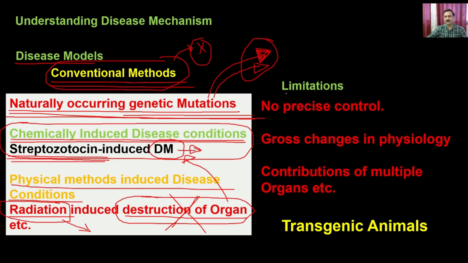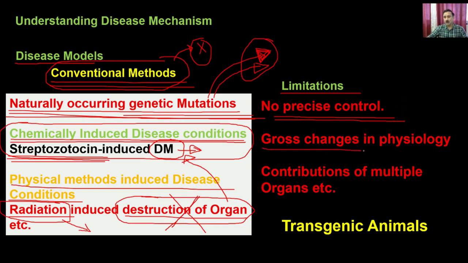For example, I have listed some of the limitations. First, there was no precise control. When you go for chemically induced disease conditions, you don't have any control over the action of the chemical. It could affect insulin metabolism, but it could also affect other kinds of metabolism in some other organ, and that could be a contributory factor.